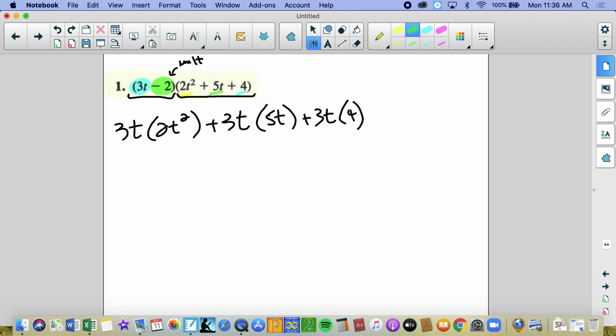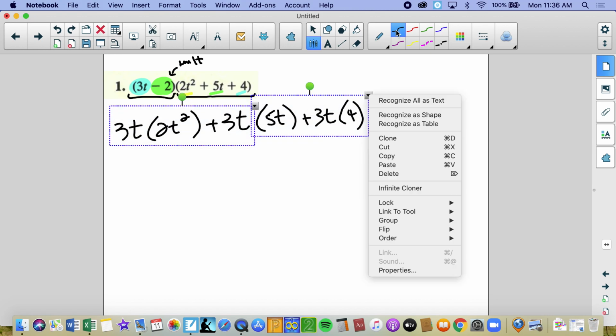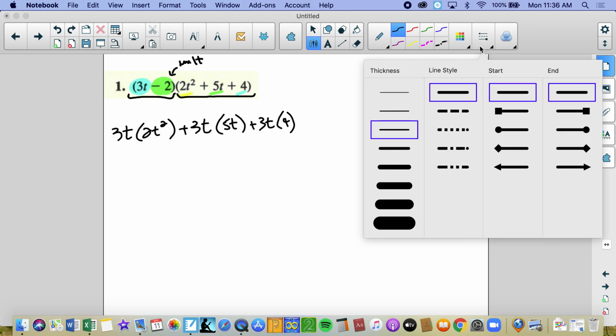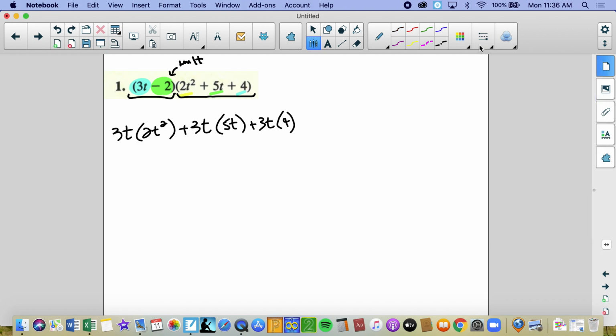And we again are going to distribute it to the three terms in the other one. Let's make this a little smaller so we can get that other work in there. So we have -2 times 2t squared minus 2 times 5t minus 2 times 4.